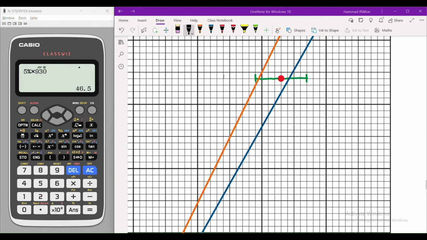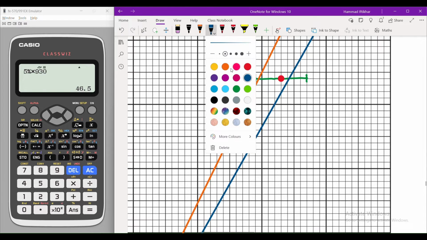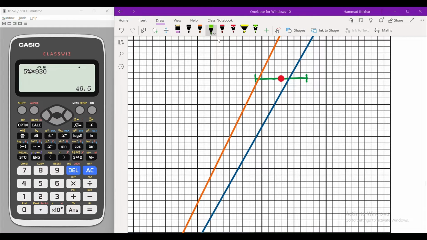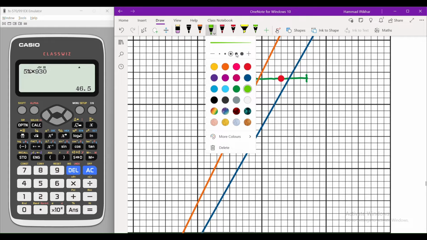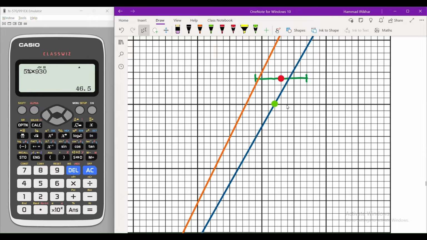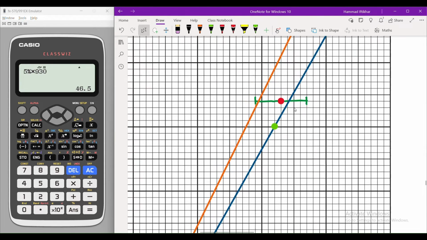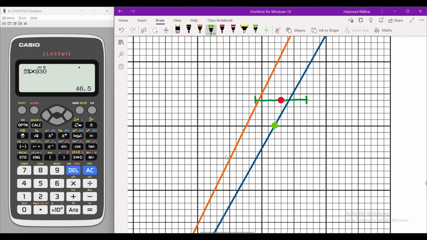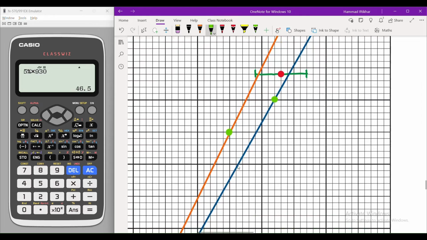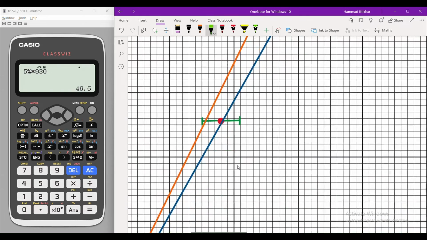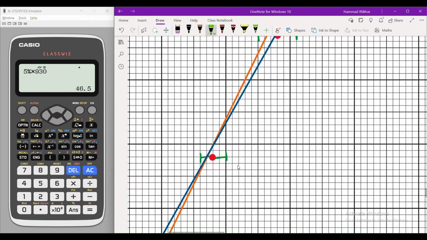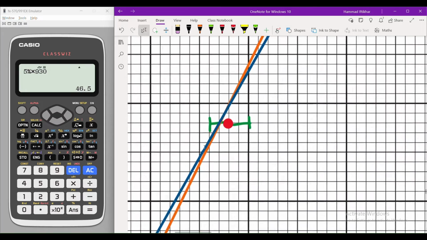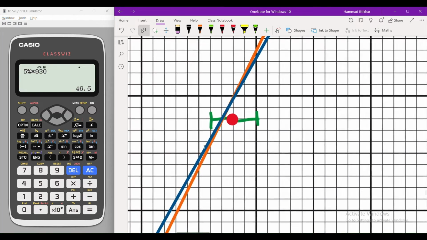Let's say for the best fit I have found, I'll mark it with light green, this point over here, and for the worst fit I'm choosing this one. I'll come back to identify. And another point we need for those, they're roughly crossing over at the same point over here.